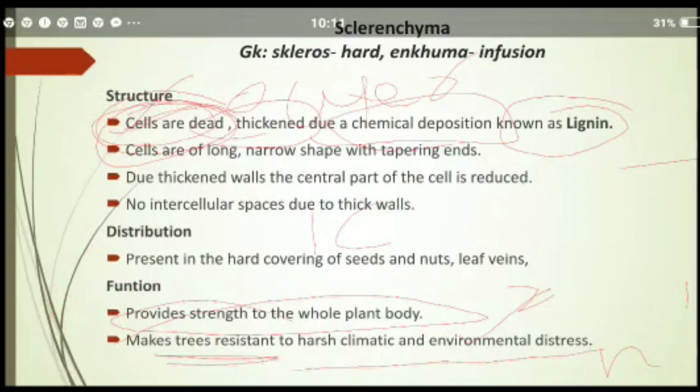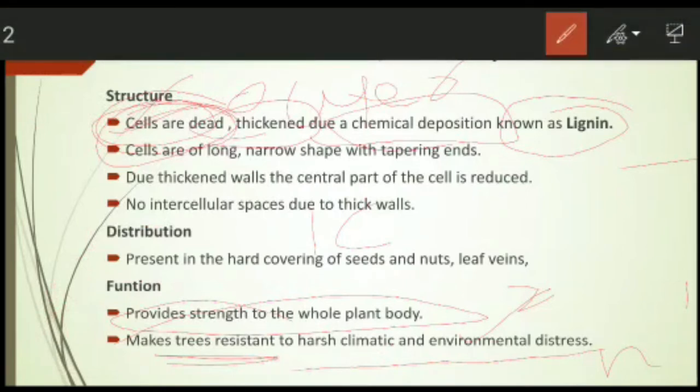Leaf vein is what we call it when you take a leaf, like in the previous model I have shown, this is the leaf stalk, and on the surface of the leaf you will see this type of structure. This is what we call leaf vein. So you will find sclerenchymatic tissue in these parts.